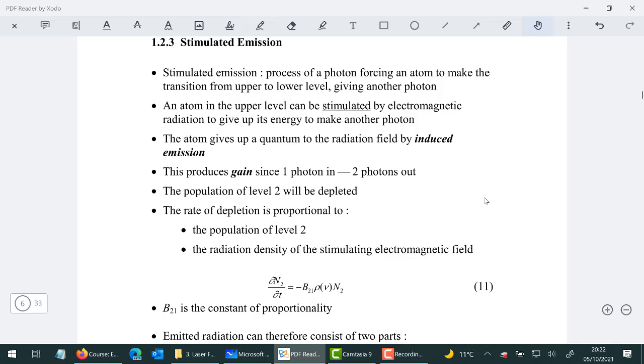Stimulated emission. So again, what we have is energy level 2, energy level 1. Number of atoms is N1 in level 1, N2 in level 2.